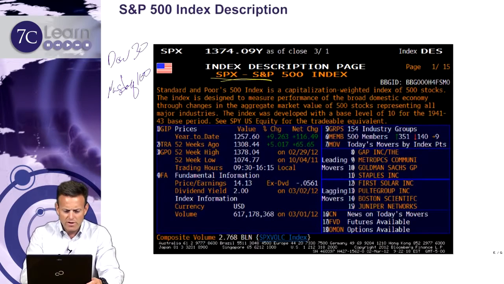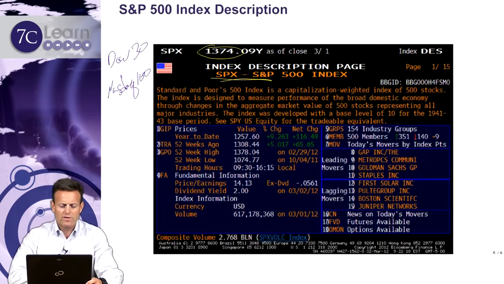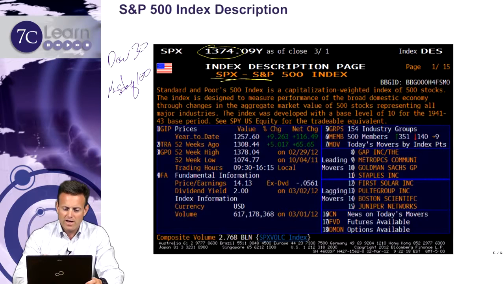It trades at points. So here it says at the time the screenshot was taken, it was trading at 1374. I'm pleased to report that as we're having this conversation, it was at 1459.